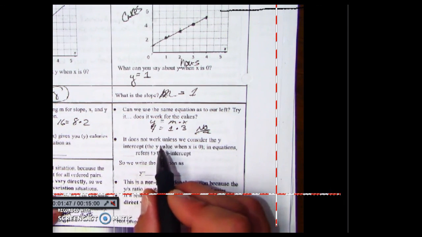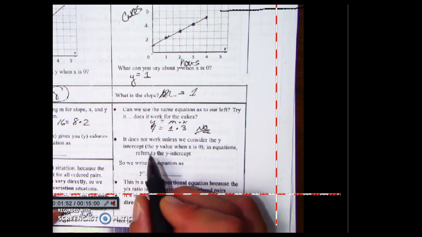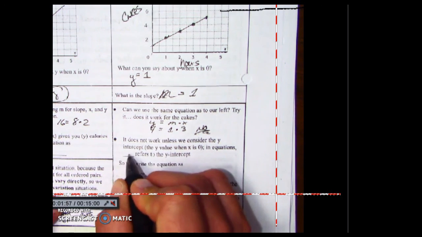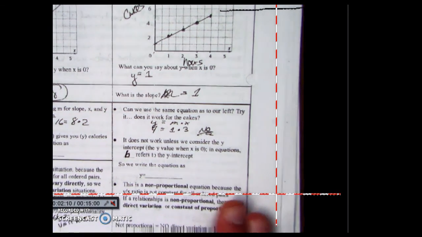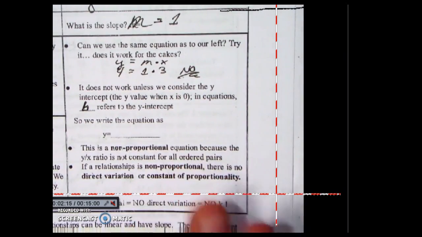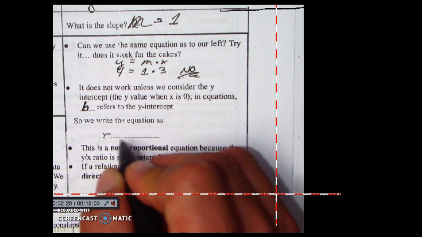So it doesn't work unless we consider the y-intercept, the value of y when x is 0. In equations, we call this the b. We use b to refer to the y-intercept. So we write this equation because this equation considers the y-intercept.